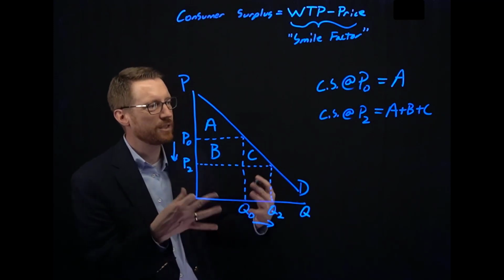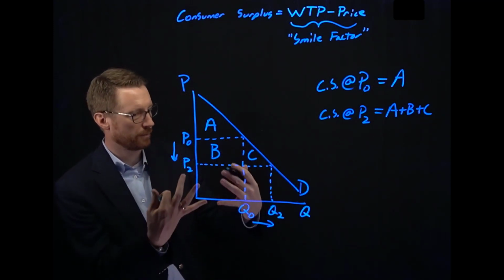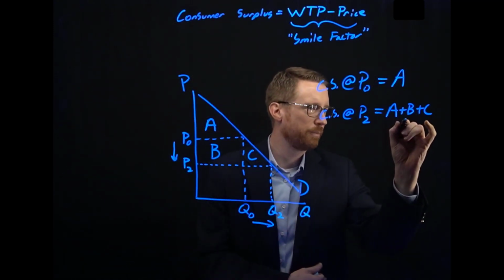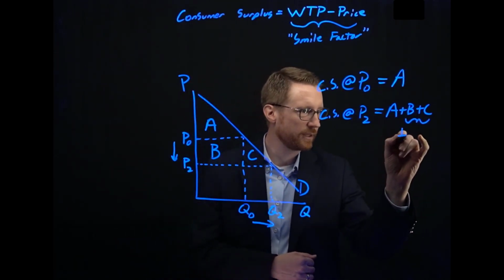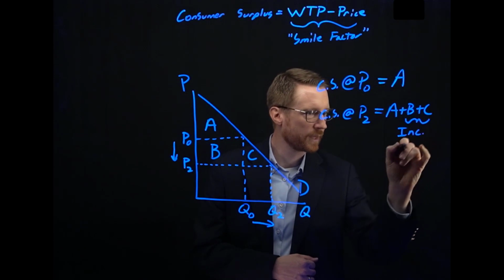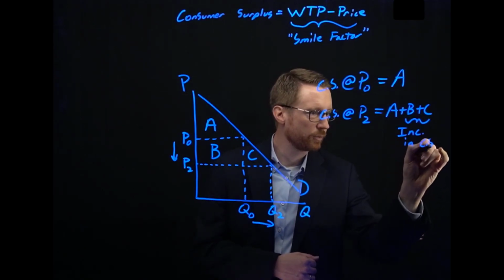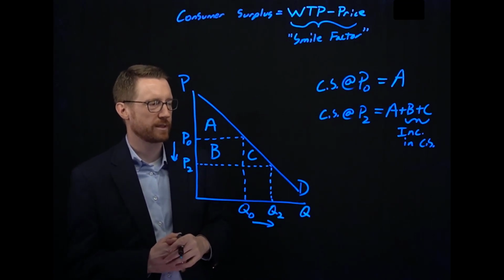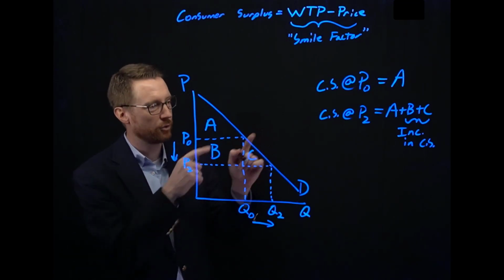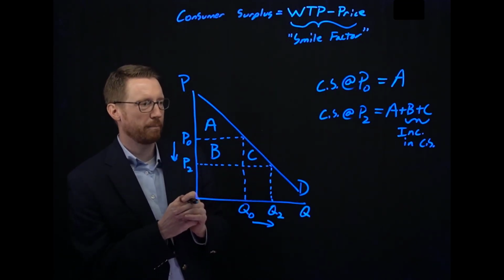So what's the increase in consumer surplus from lower prices? Well, it's B and C. This is our increase in consumer surplus. So the price falls and consumer surplus increases by area B and C.